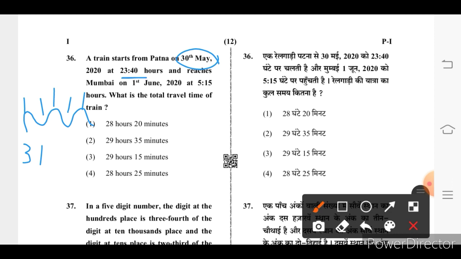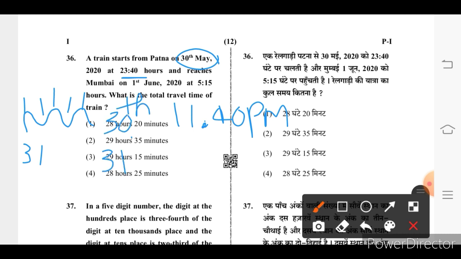So the train started from 23:40 hours. 23:40 hours means 11:40 p.m. night, and reaches Mumbai on 1st June. This is 13th May.